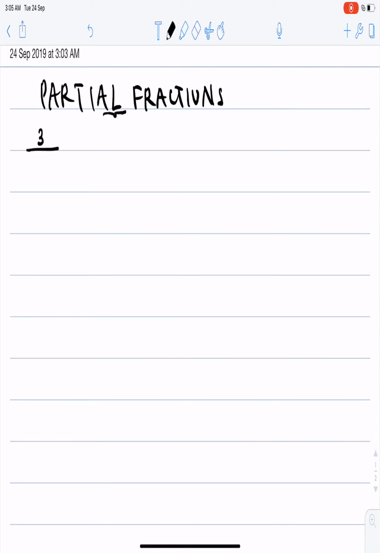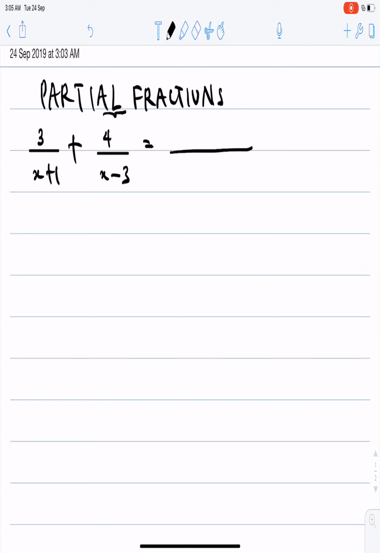We can still remember how to do this: 3 over x plus 1 plus 4 over x minus 3. So let's go.